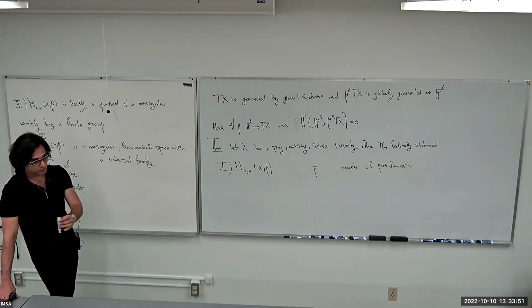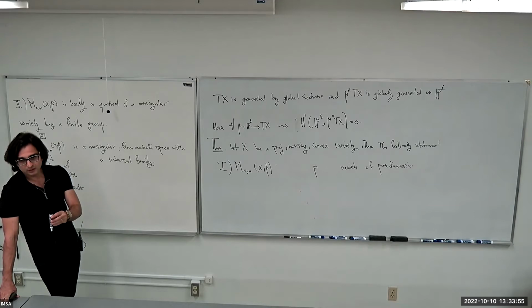As you vary over points in the moduli space, this deformation space not only glues flatly, it becomes a bundle. And the obstruction for it to become a bundle vanishes. Therefore, the tangent bundle of the moduli space is defined everywhere.